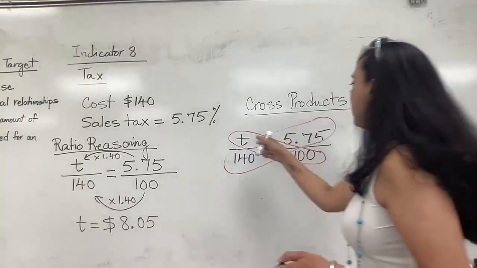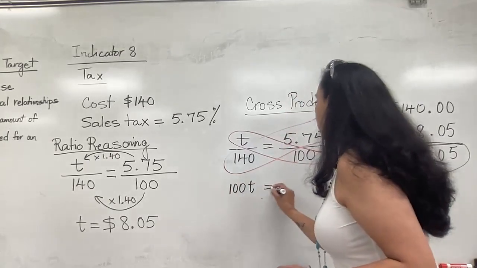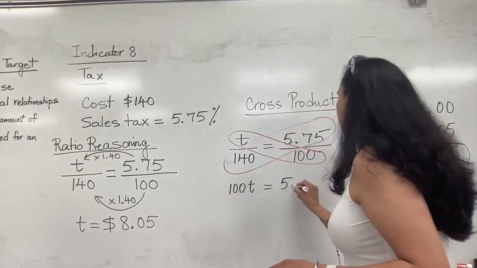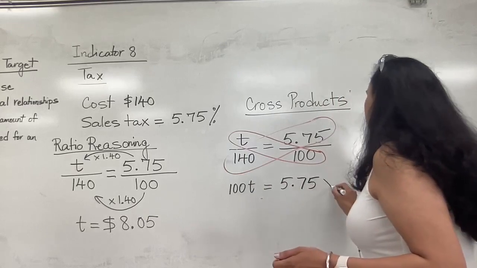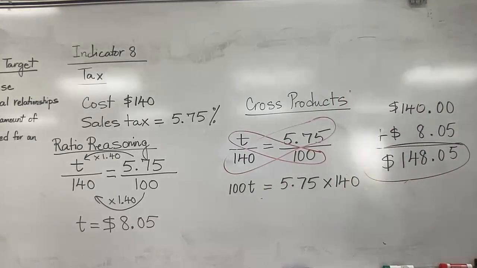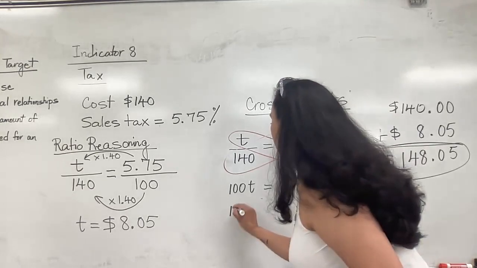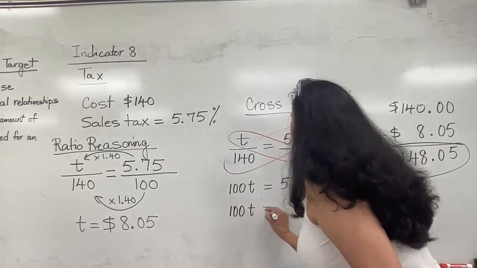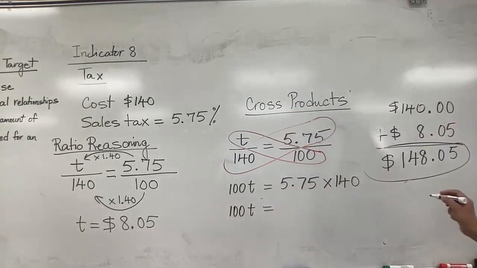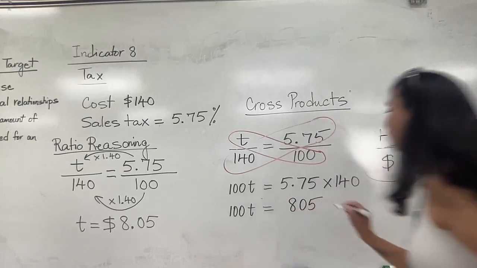So T times 100 is going to give me 100T, and this is going to give me 5 and 7500 times 140. Okay, and then the next thing I'm going to do is I am going to multiply these two, so I get 100T is equal to, when I multiply this, I am going to get 805.